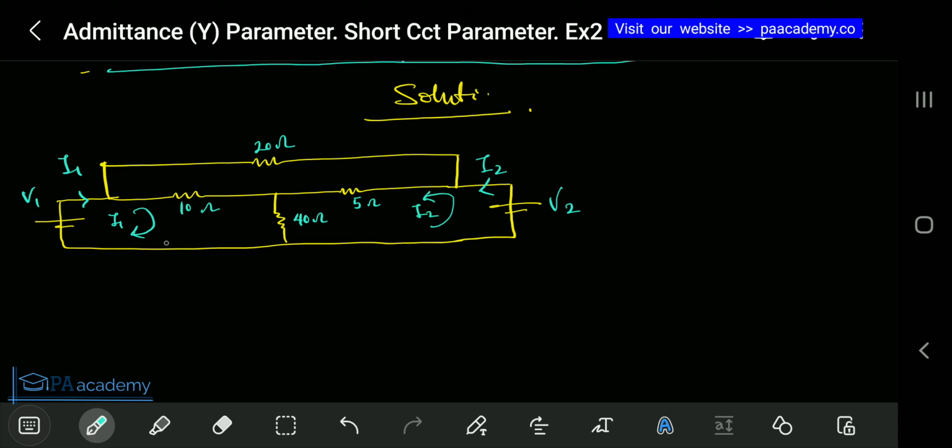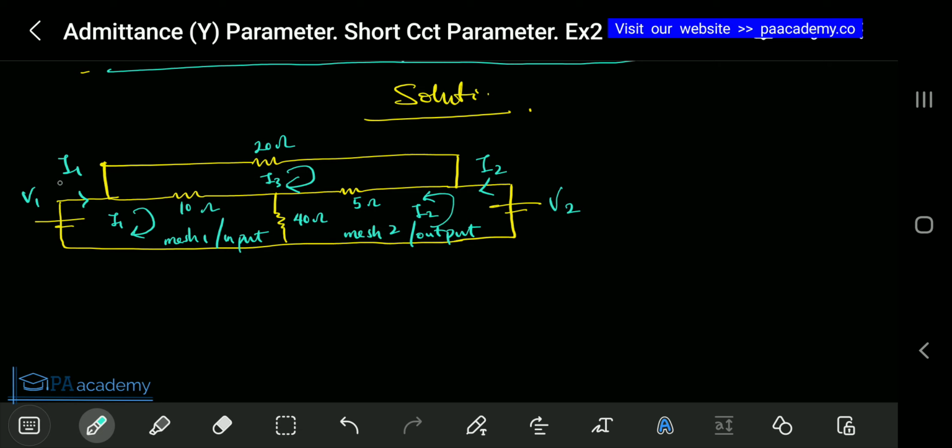Okay, so this will be my mesh 1, which is the input side, and this will be my mesh 2, which you call the output side. Now you see this third mesh, you can pick any direction, either clockwise or anti-clockwise. Exactly. But for this, I'll just go ahead and pick a clockwise direction like this, and this will be my I3.